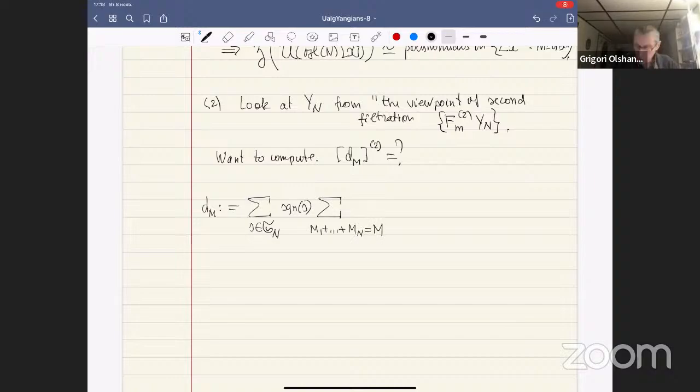And what happens? We extract some coefficients. This is the usual notation from combinatorics. If you have something, this means that we extract the coefficient, namely this one, from this formal power series, and so on.